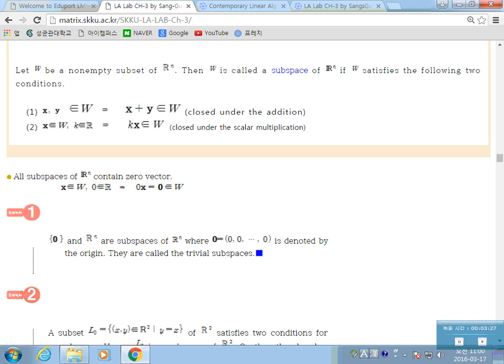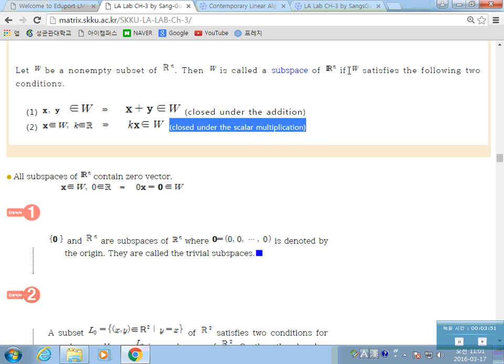The second condition is, if we multiply a scalar k to an arbitrary vector x in W, then kx still is in W. It does not go out of the subset W. So we say W is closed under the scalar multiplication.